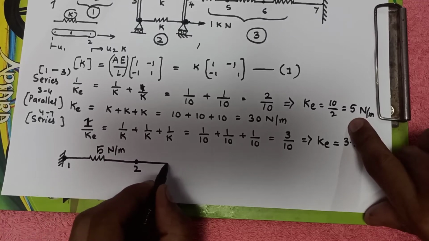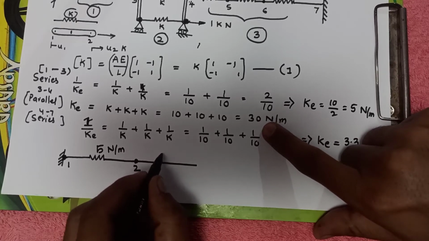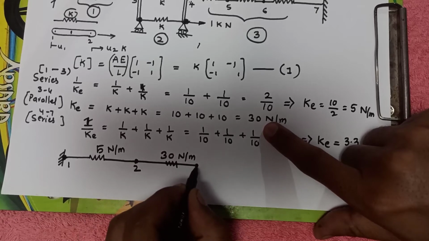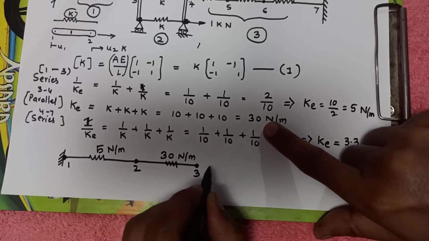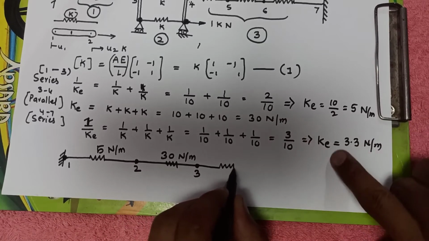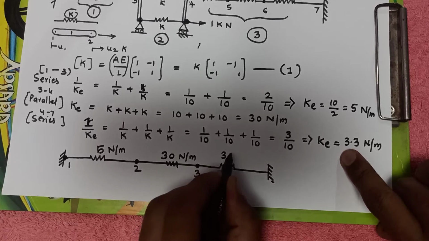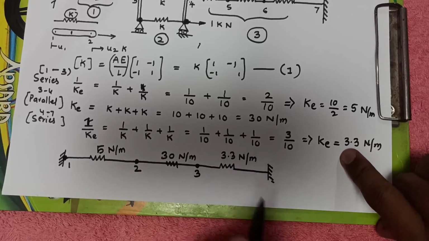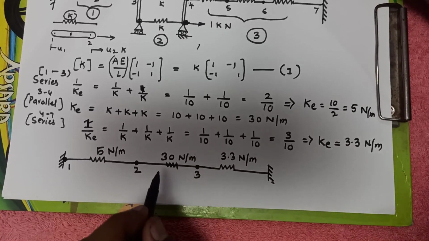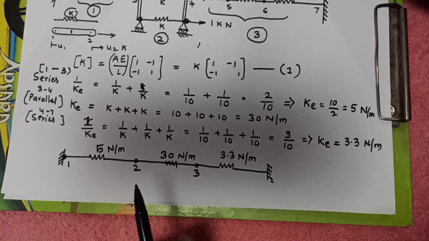And from 2 to 3 we obtained, for parallel, 30 Newton per meter. And from 3 to 4, 1 to 2, 2 to 3, and 3 to 4, which you obtained 3.3, and finally the fixed end, that is 3.3 Newton per meter. Okay, hope it is clear to you. If any doubts, you can comment in the comments box, and you can also contact me through my numbers.